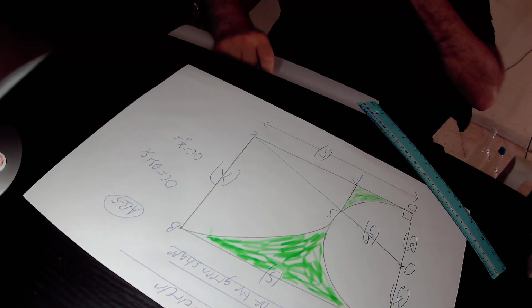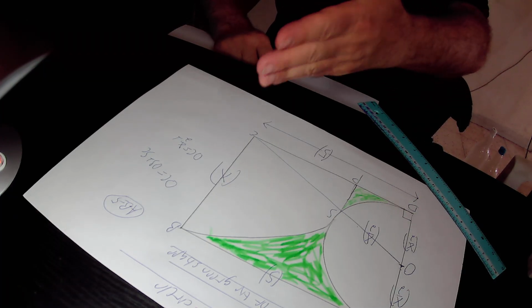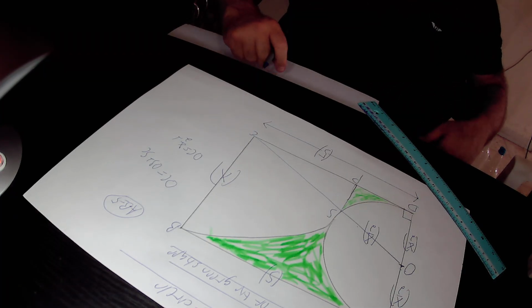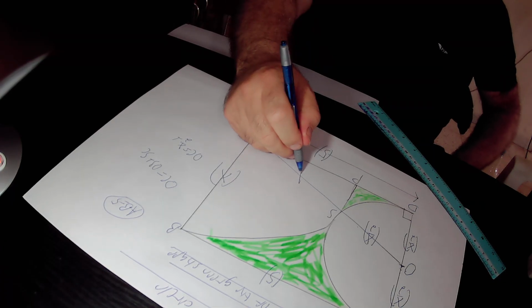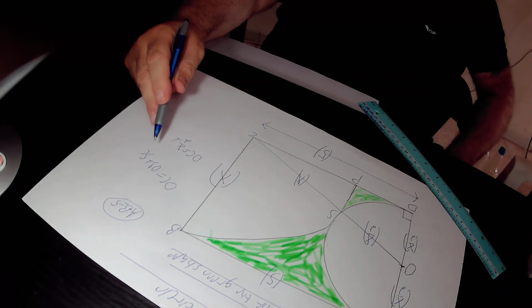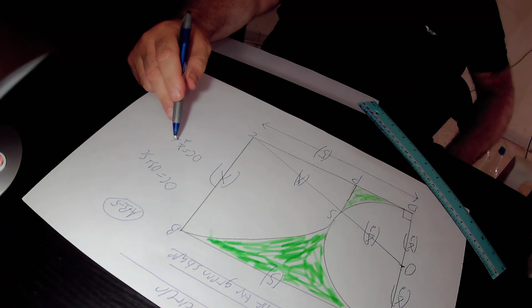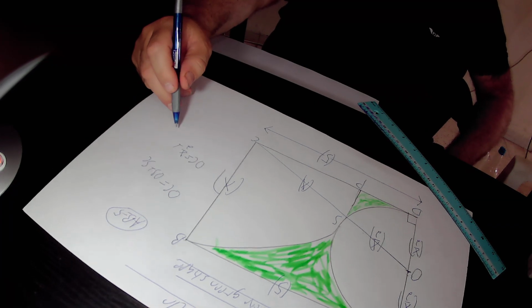SC is the radius of this quarter circle, and according to our definition, the radius of this quarter circle equals x. So SC equals x. So OC equals OS, that is x over 2, plus SC, that is x.